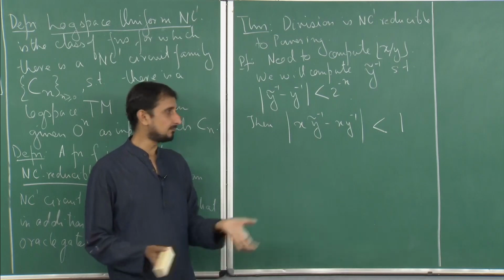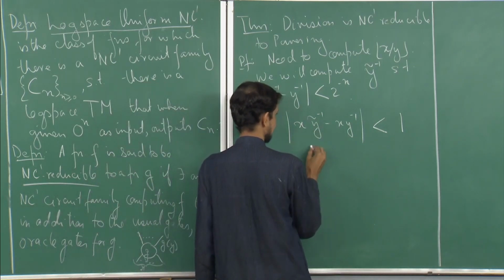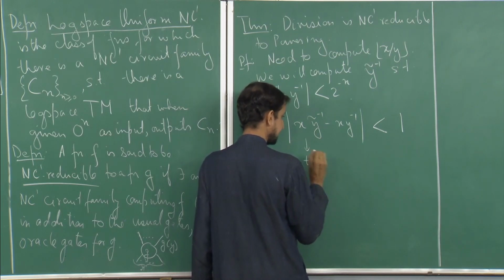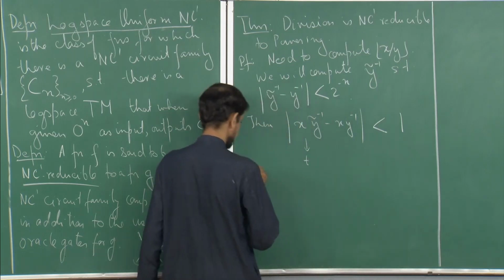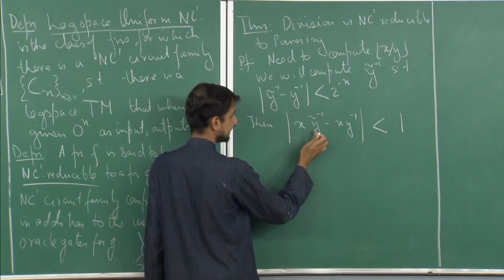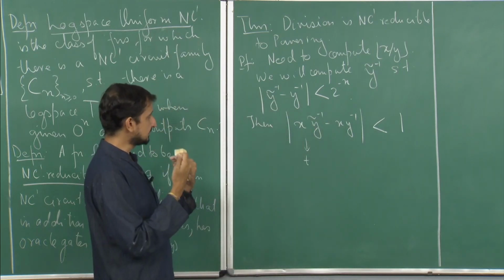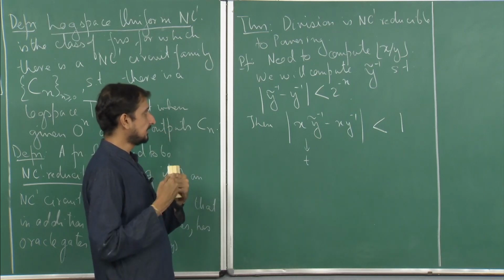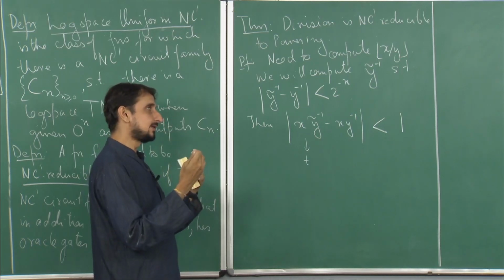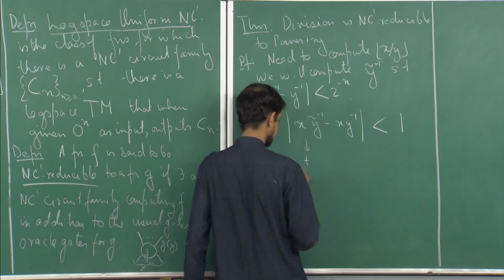So, let us say I will call this t. So, y tilde will be an approximation of y, and y tilde inverse will be an under approximation of y inverse.